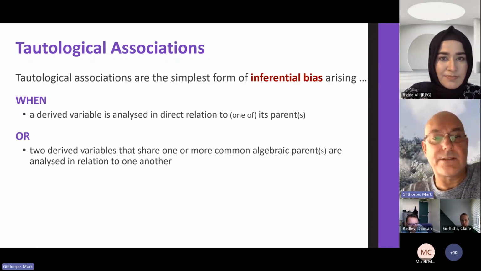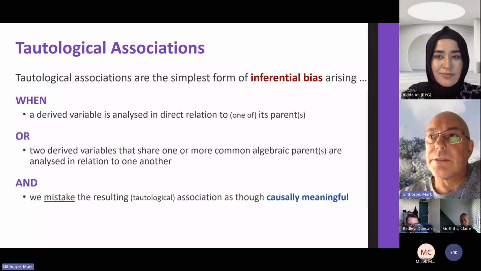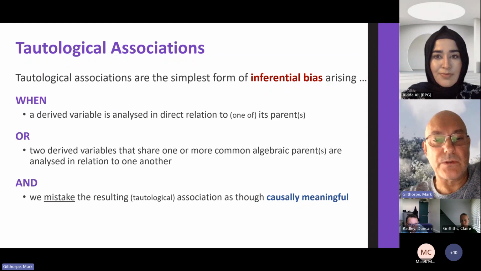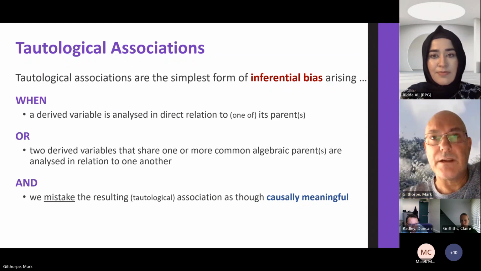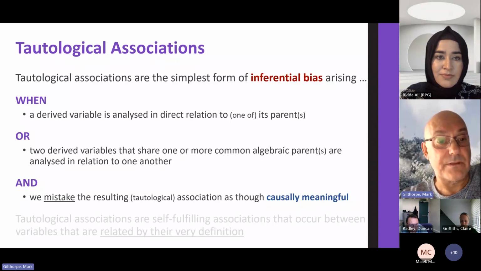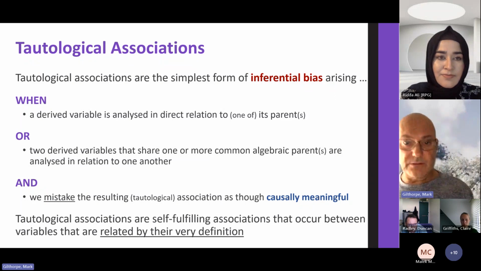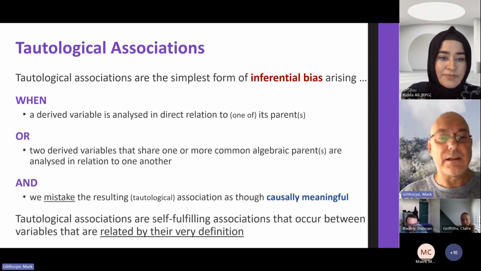If we analyze data in these situations, then the resulting statistic comprises some tautological association, as well as potentially meaningful causal association, but we can't separate the two. So if we just interpret that outcome as if it's fully causally meaningful, that's a tautological association. Potentially it could be entirely tautological, and that's the mistake that we make.